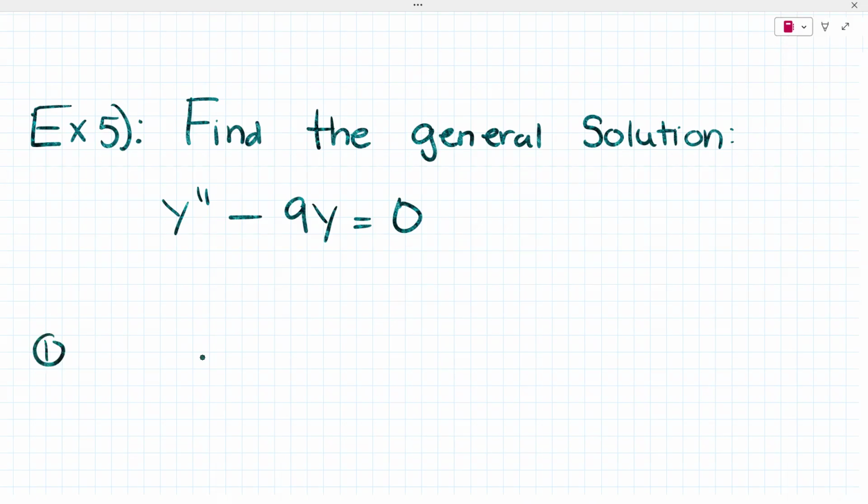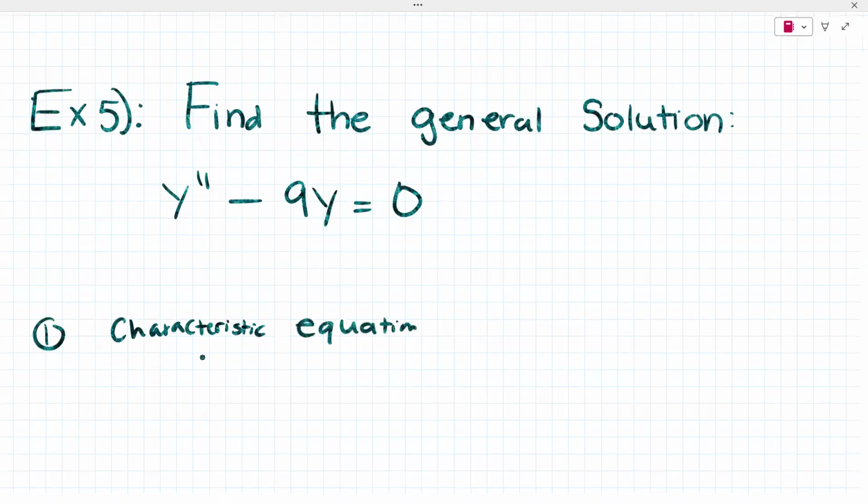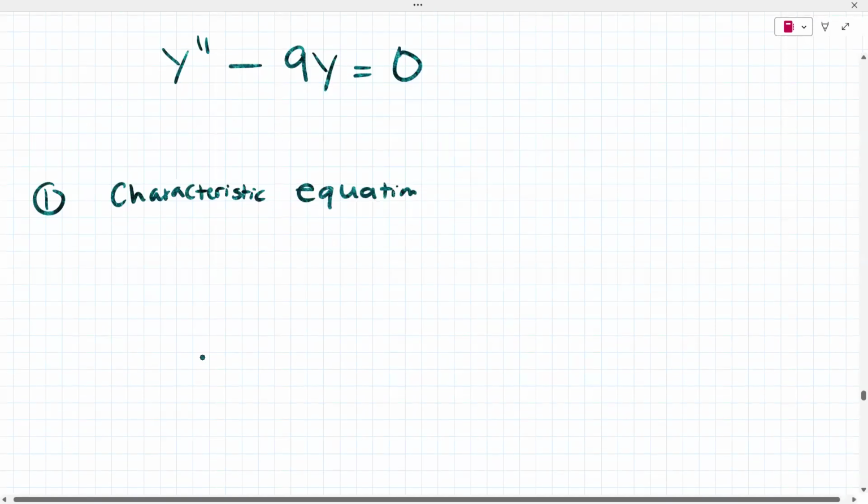So what I'm going to do first is put it in the characteristic equation. Try to put it in this form.